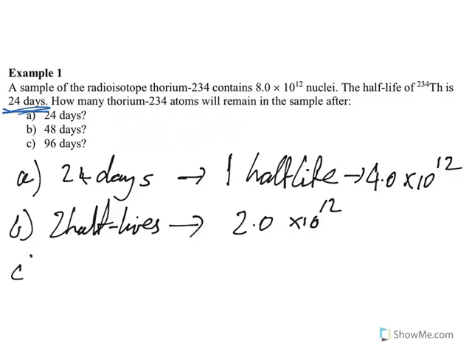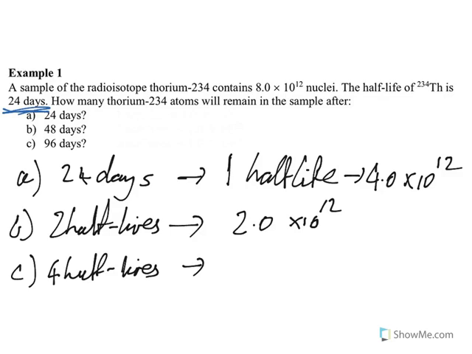And then finally, C is 96 days, and 24 goes into 96 4 times, so that's 4 half-lives. So after 2 half-lives there would be 2 by 10 to the 12.